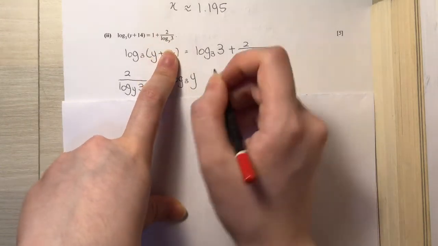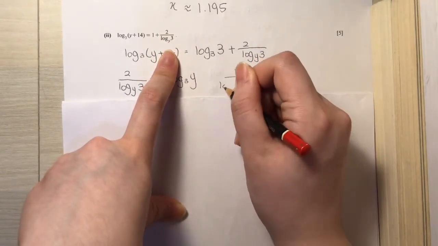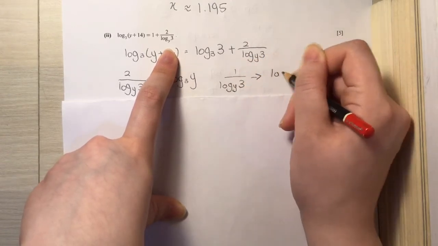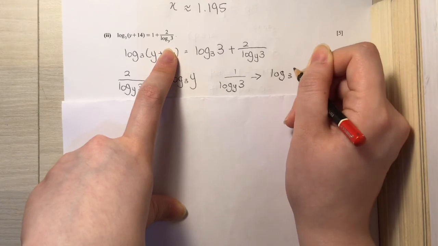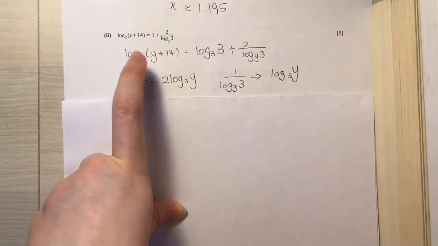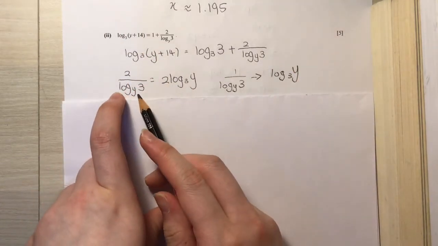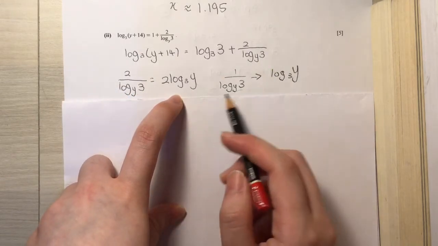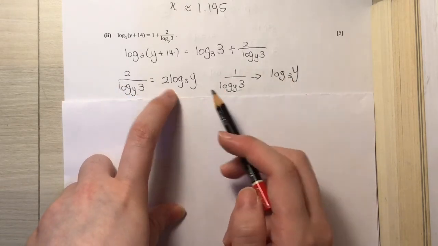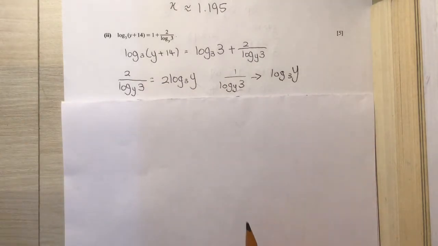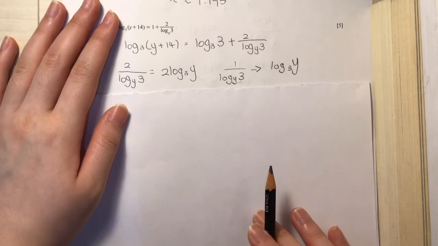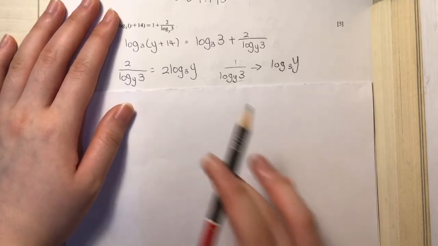It changes from 1 over log y 3 to log 3 y. This is the way you convert these two usually, and it's really very useful to remember. It helps you with other calculations related to similar questions in past years as well.